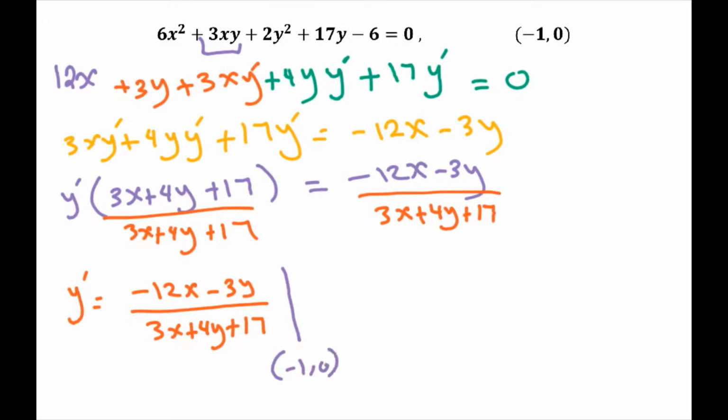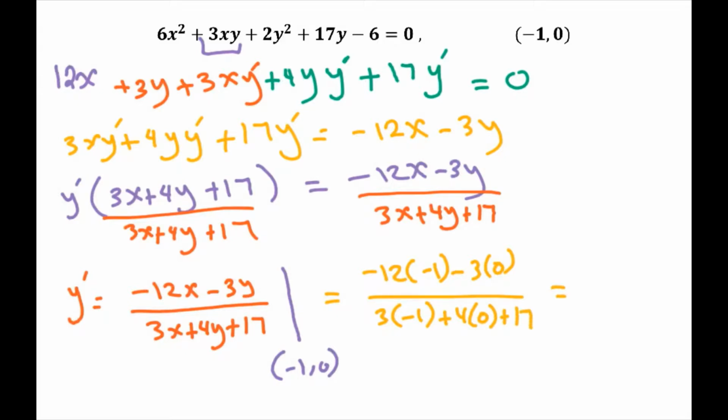So we usually use this when we substitute into the function. It equals -12 times -1 minus 3 times 0 over 3 times -1 plus 4 times 0 plus 17.